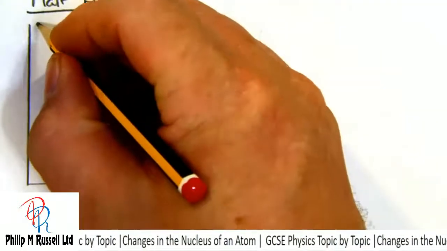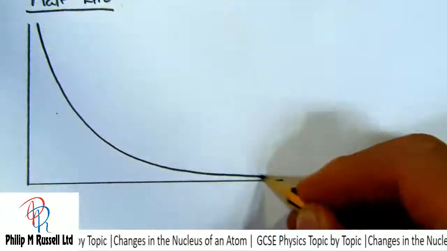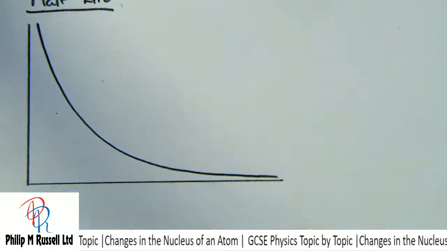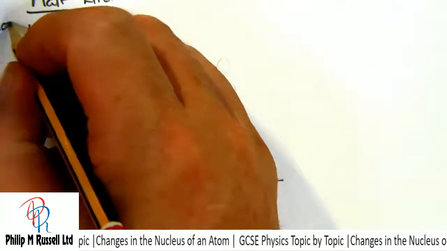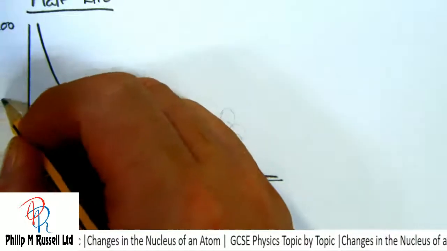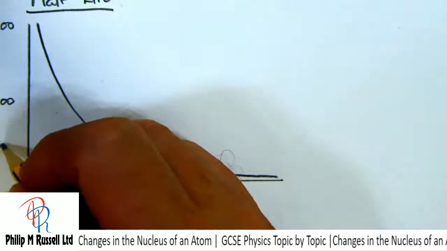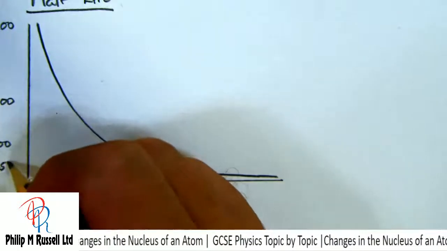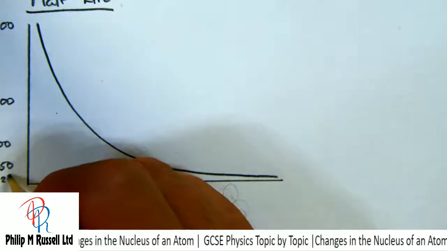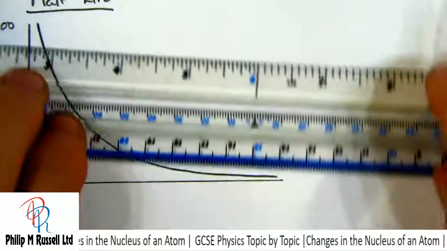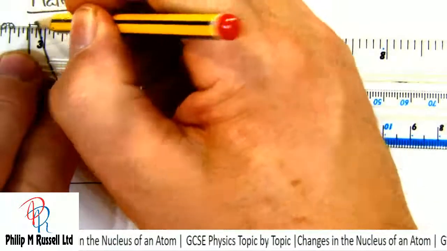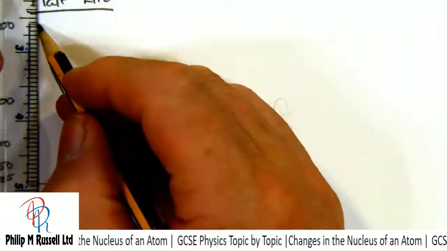The half-life curve will look something like that. And let's say my count here is 400, halfway then 200, halfway 100, halfway 50, halfway 25. So let's suppose to start with I'm at 400.